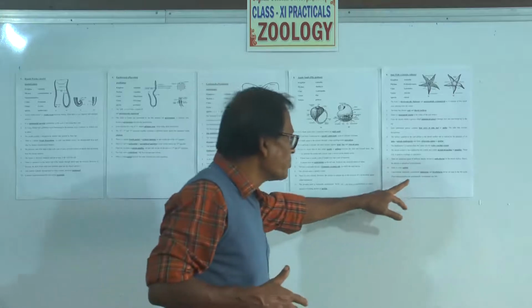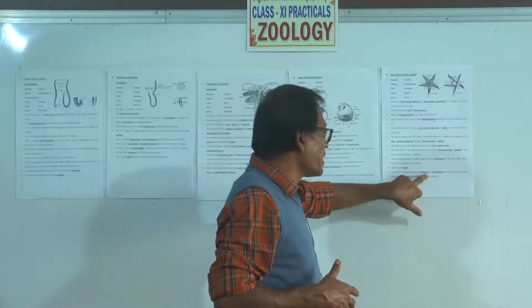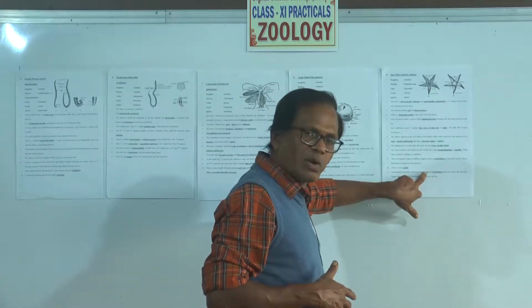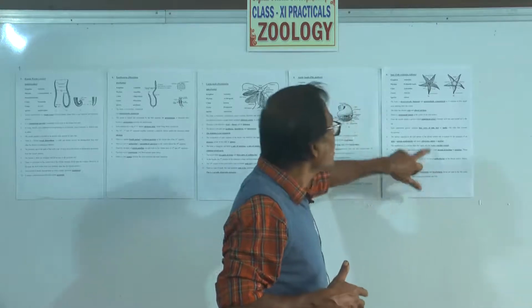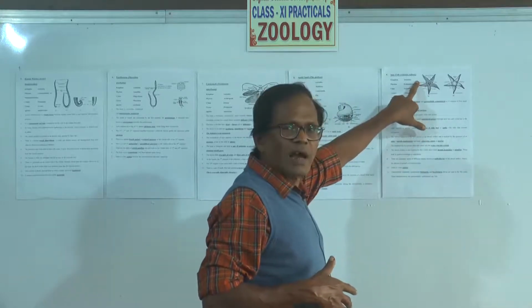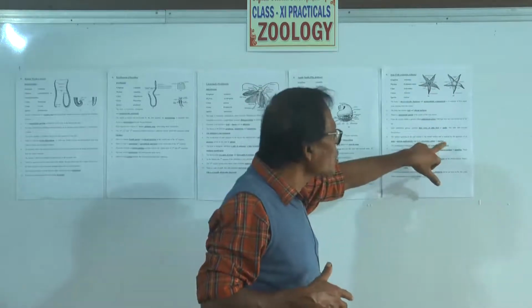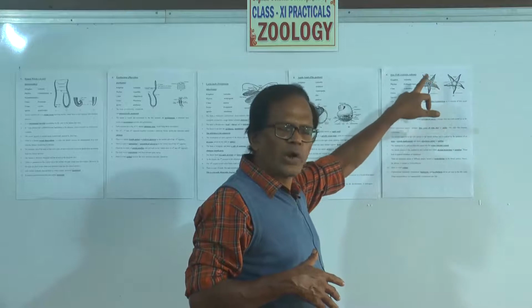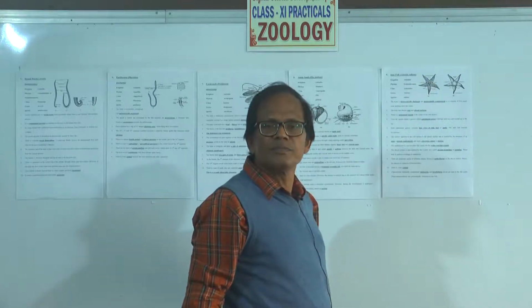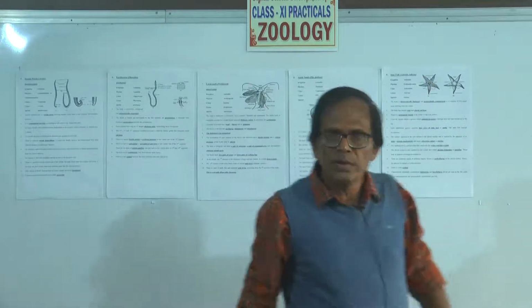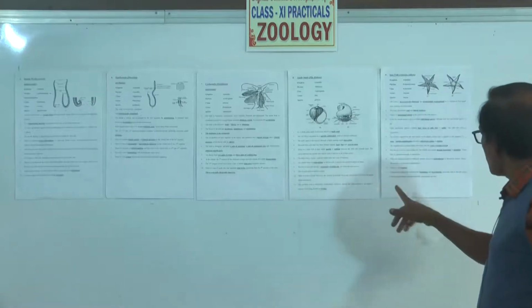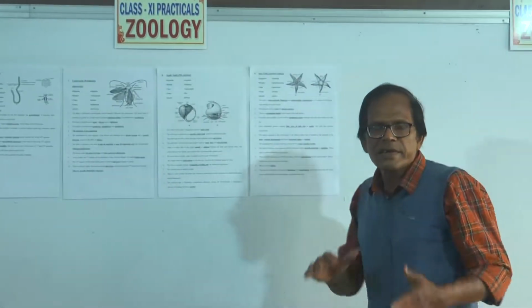Since the embryo is bilaterally symmetrical, the larva is bilaterally symmetrical, it is placed above the phylum Mollusca and very close to Hemichordata. So this is about its significance.